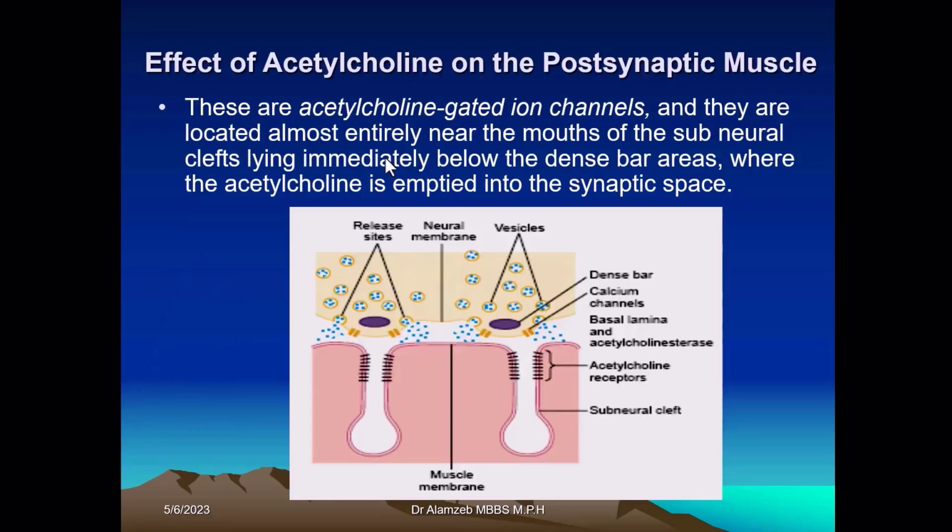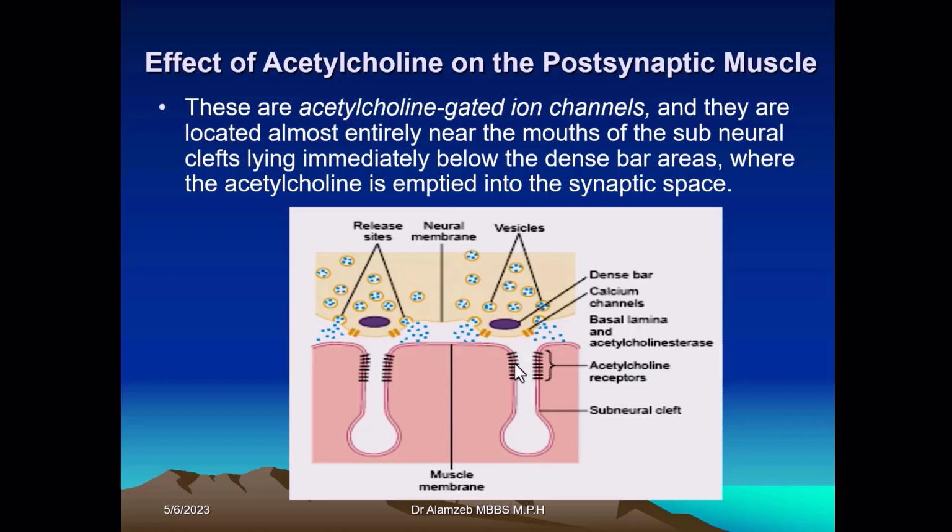There are acetylcholine-gated ion channels, and they are located almost entirely near the mouth of the subneural cleft, lying immediately below the dense bar area where the acetylcholine is emptied into the synaptic gutter.